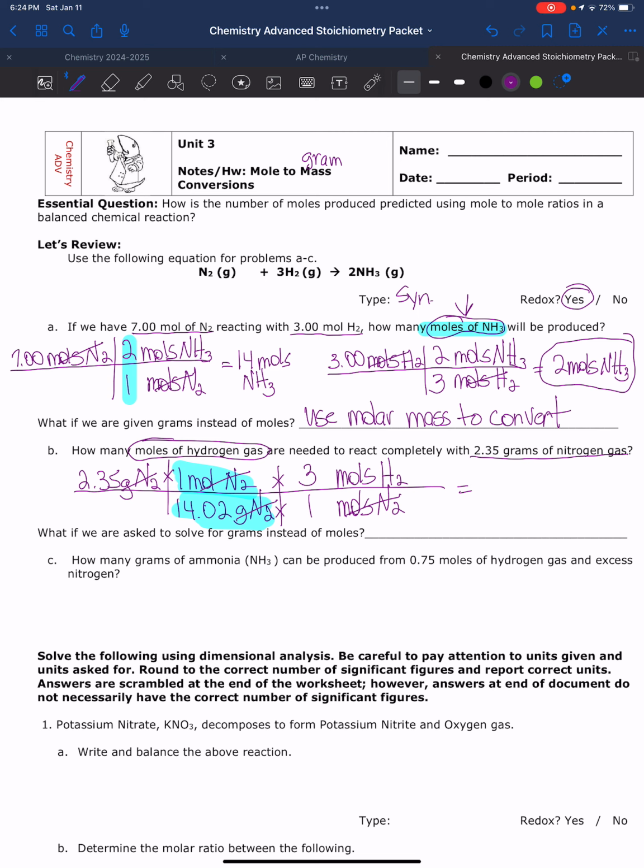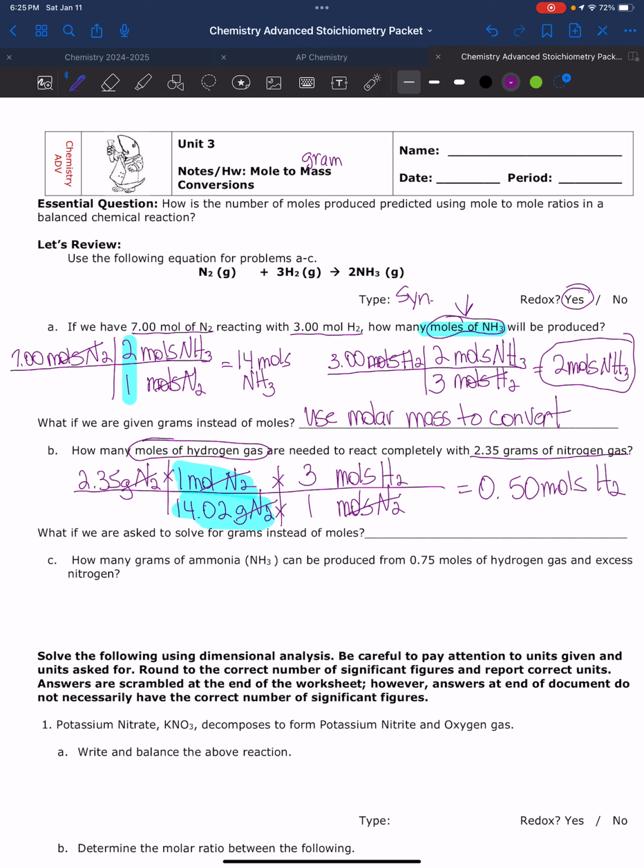So when I do that math, I get 0.50 moles of hydrogen. So we started with grams of nitrogen, converted our grams of nitrogen to moles of nitrogen, and then used our stoichiometry, moles over moles, to convert to moles of hydrogen gas.